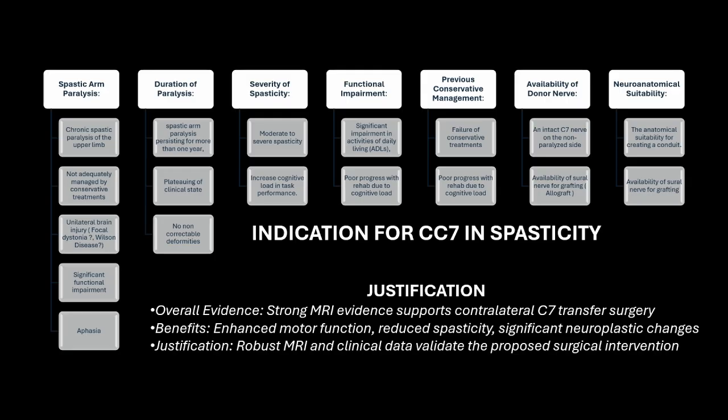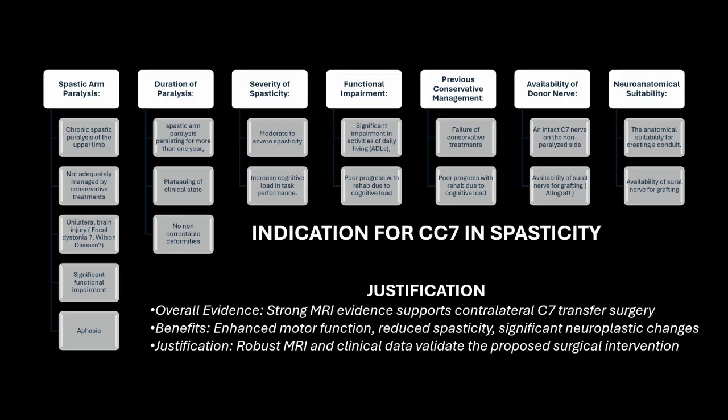However, we have also done some form of nerve surgery, in terms of neurectomies, for patients with focal dystonia, and in a couple of months I will be doing a case of Wilson's disease with a similar form of spasticity, and we're going to see whether contralateral C7 or neurectomy will be useful. There must be significant functional impairment, otherwise I don't think this is a surgery to be attempted.